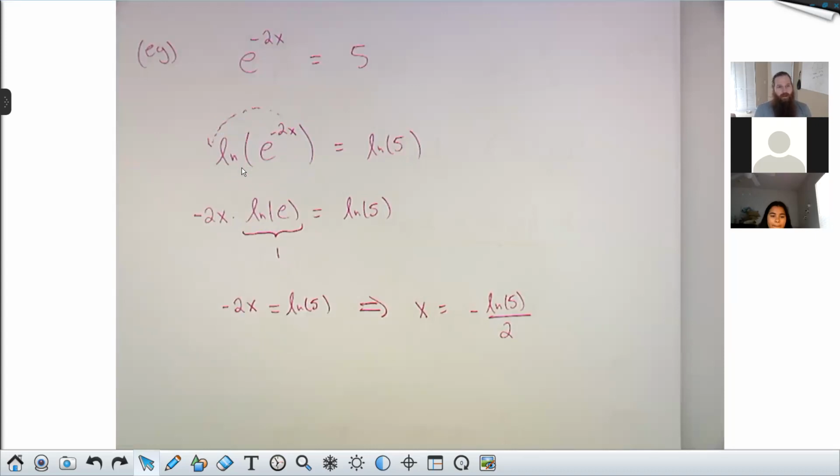So the ln and the e to some stuff cancel in the same way that x squared and the square root function cancel. Which is not quite the same way as the algebraic cancellation that we're used to. If that's how you learned it and that's how you're comfortable with it, that's okay. But make sure you can also justify those steps through a procedure like this, where you apply one of those log properties and then you make a statement about the value of the piece that's left over here.